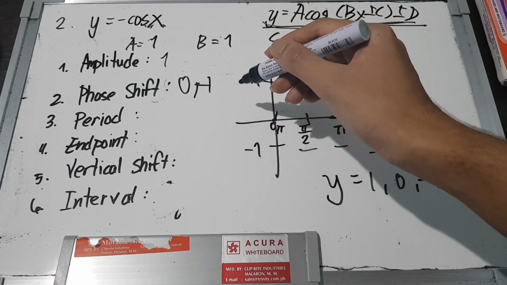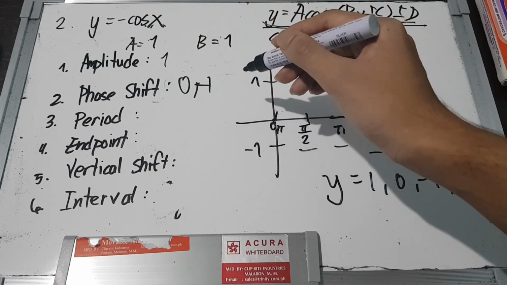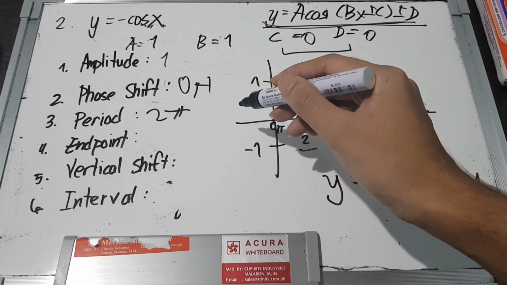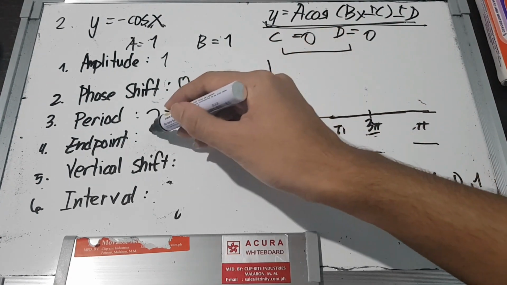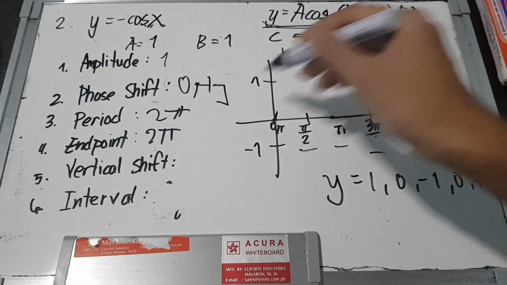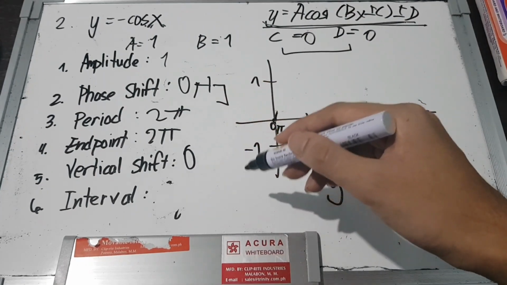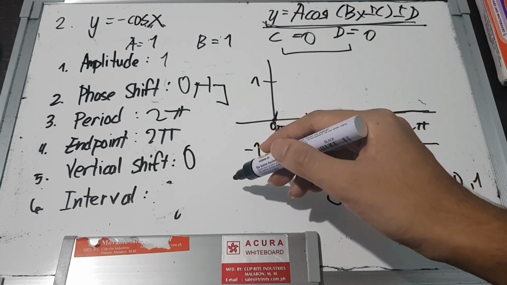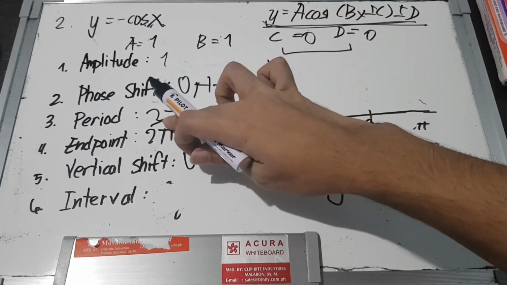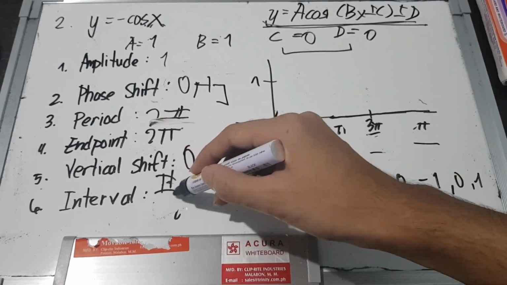Our period would be 2 pi over B, which would be 2 pi. Our endpoint would be phase shift plus period, which would be 2 pi. Our vertical shift, which would be D, 0. And our interval, which will be period over 4, which is 2 pi over 4, it will be pi over 2.